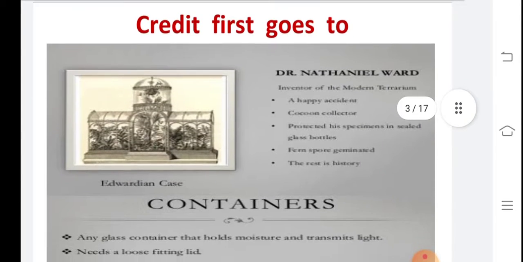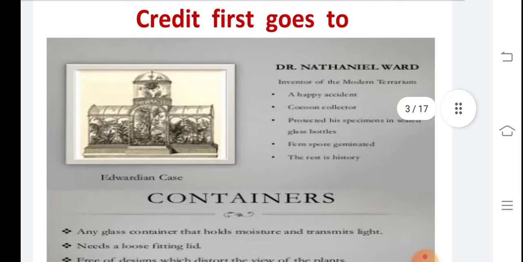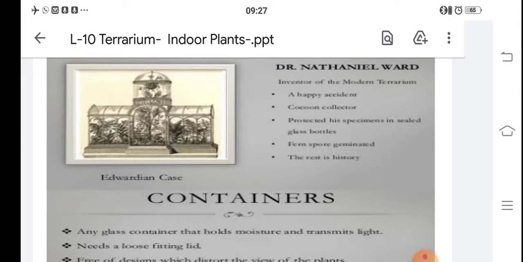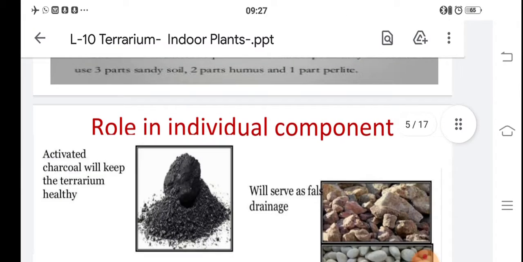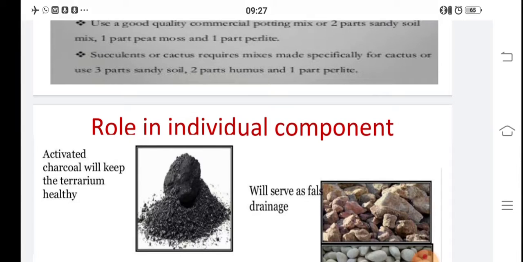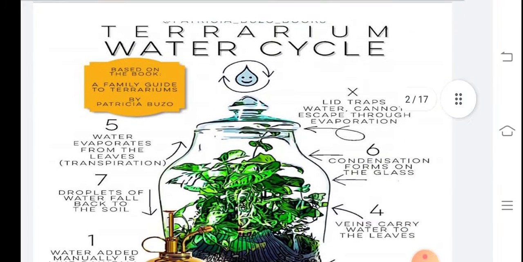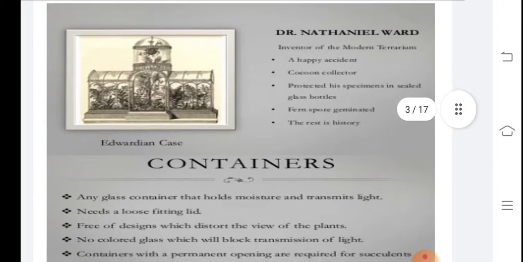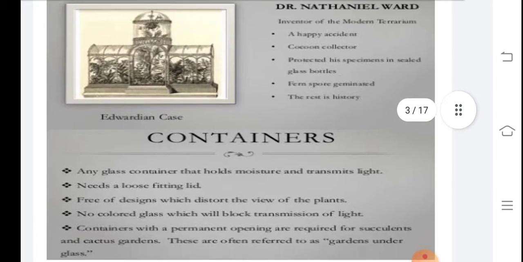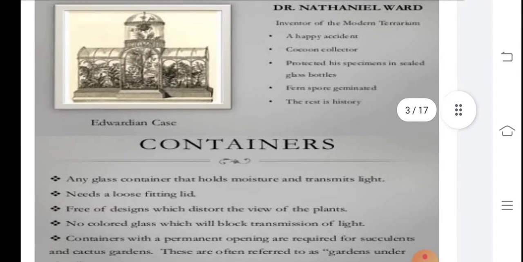This terrarium was first given by the scientist Dr. Nathaniel Ward, so the first credit goes to him. Secondly, there are some important characteristics, and it had a happy incidence.